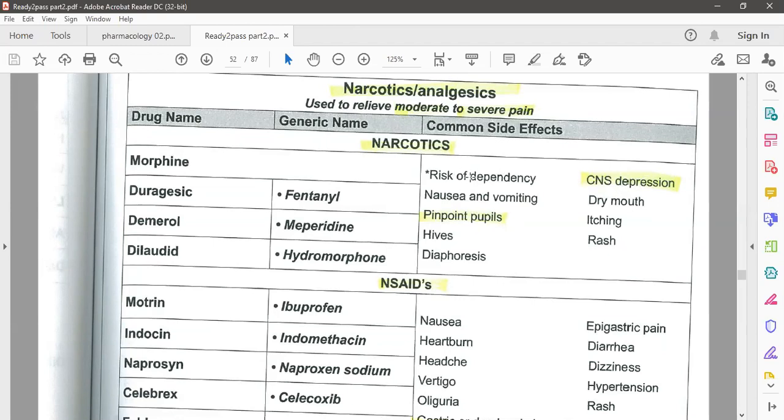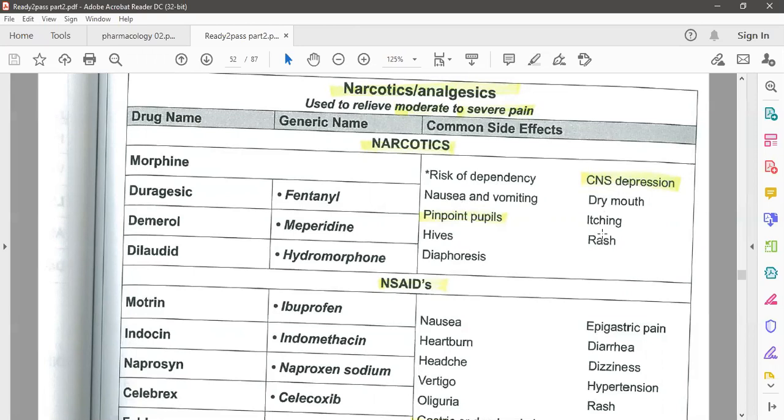There is a risk of dependency. If anybody takes it for a long time, they have a chance to develop dependency, addiction basically, and pinpoint pupils, diaphoresis, central nervous system depression, dry mouth, itching, and rash.